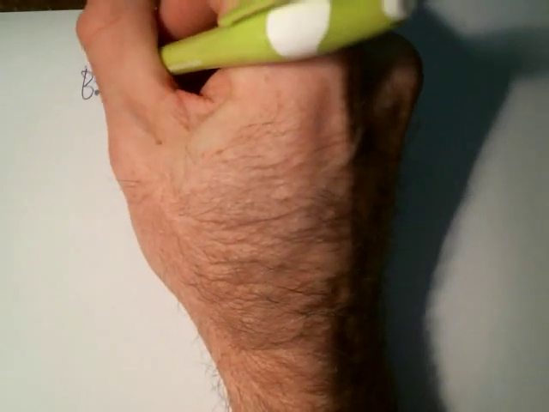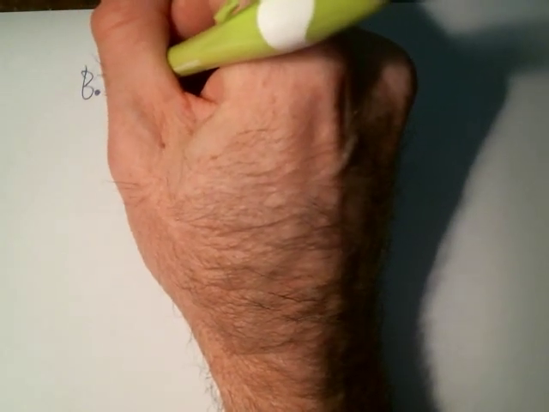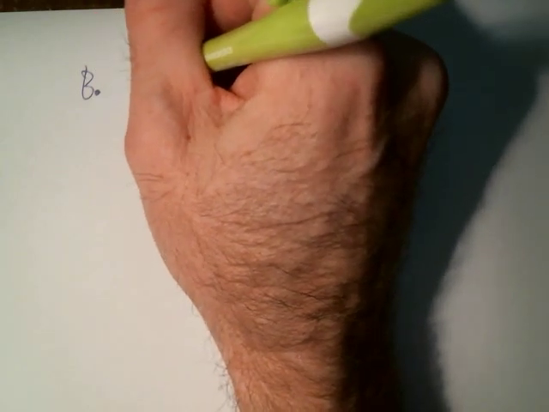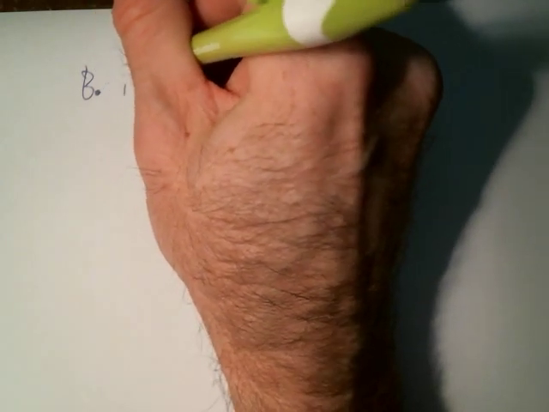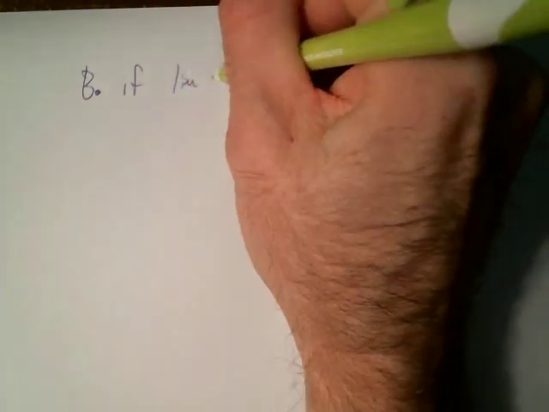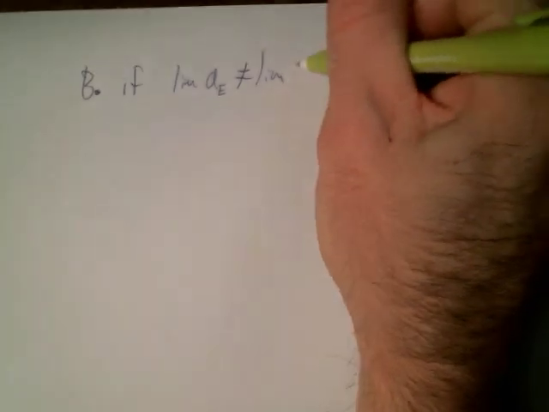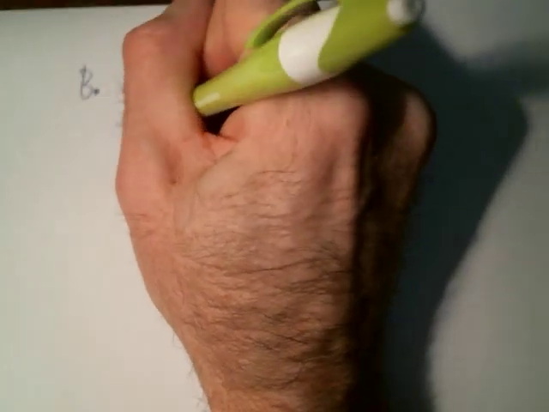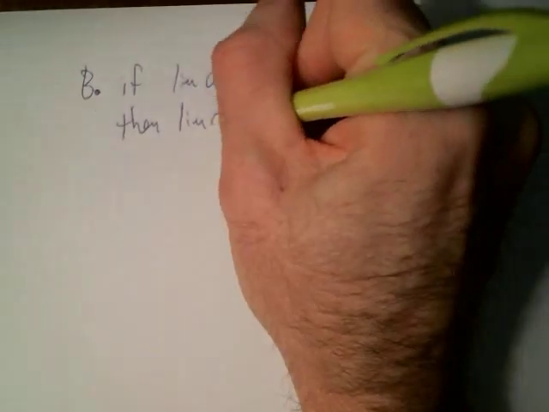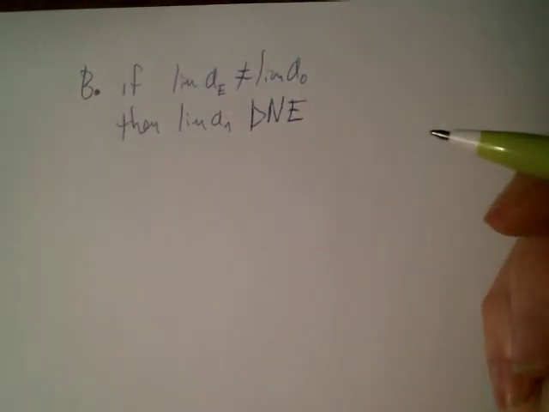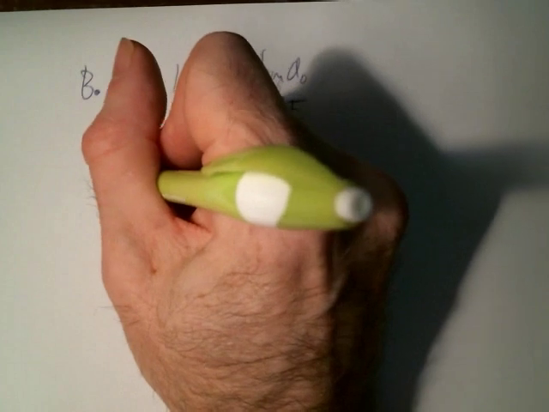Here, in particular, we'll often use the fact that there's kind of an oscillation behavior. In other words, if the limit of the even terms of the sequence does not equal the limit of the odd terms of the sequence, then you can conclude that the limit of a sub n does not exist. It turns out the other direction will be true.